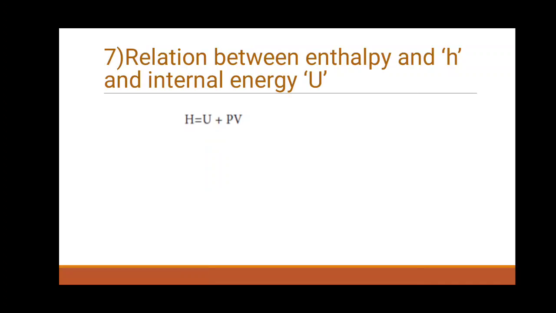We have to write it. Now the initial state: H1 equal to U1 plus PV1. Constant pressure is maintained, so nothing will be in the P suffix. Next, in the final state, H2 equal to U2 plus PV2.